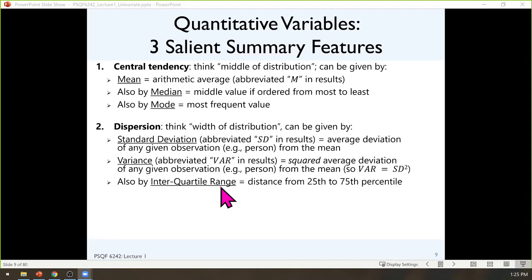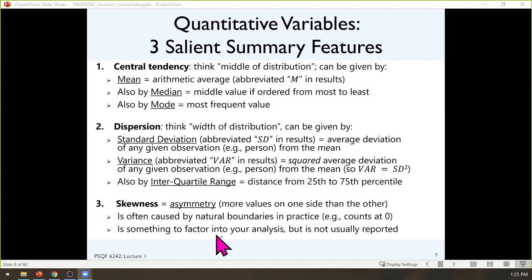That symmetric versus asymmetric distinction is what's known as skewness. That's whether or not there's a pileup of people on one side of the mean versus the other, or whether it's equal. This is something that we would report descriptively and think about in planning our analyses, but it's not something you would usually do anything with beyond that. It's not a feature that gets recreated when people do models, for instance.